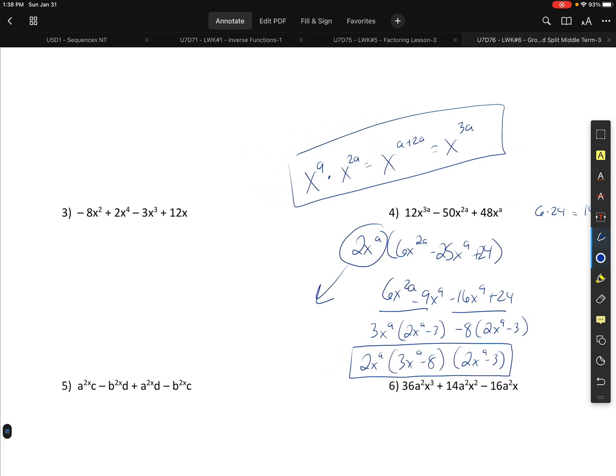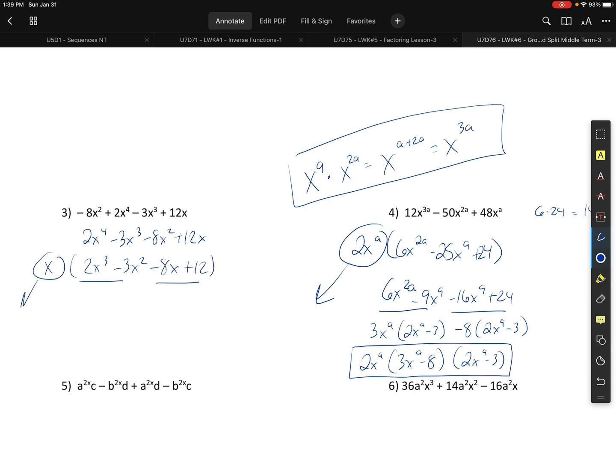All right, so problem 3. Key thing here is, I'm going to reorganize this. I'm going to have it as 2x to the 4th minus 3x to the 3rd minus 8x squared plus 12x. Take out an x. 2x to the 3rd minus 3x squared minus 8x plus 12.